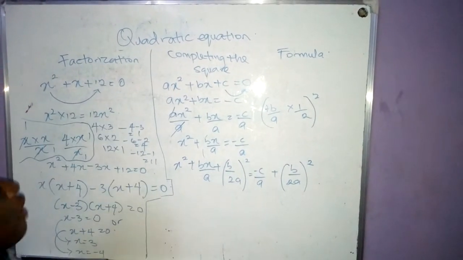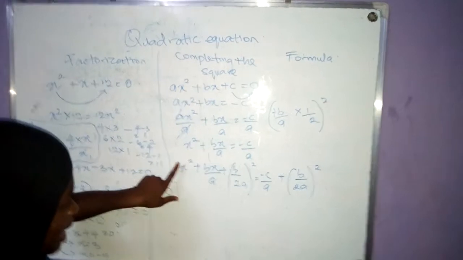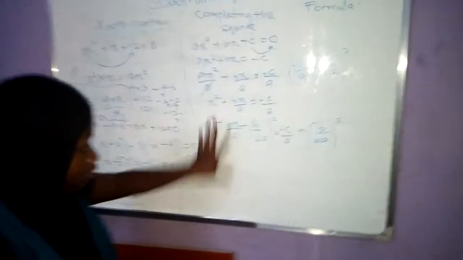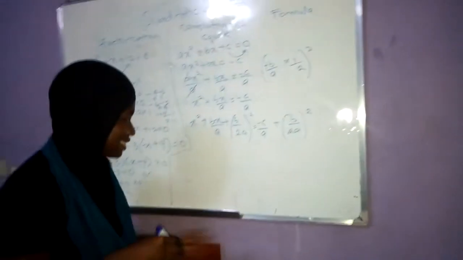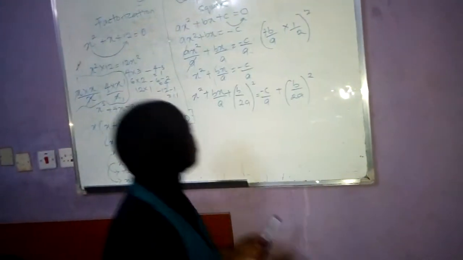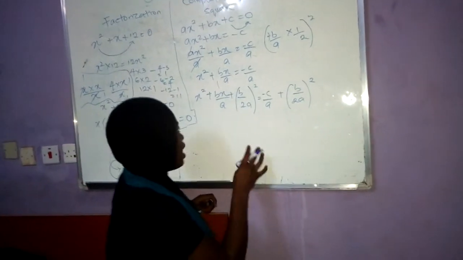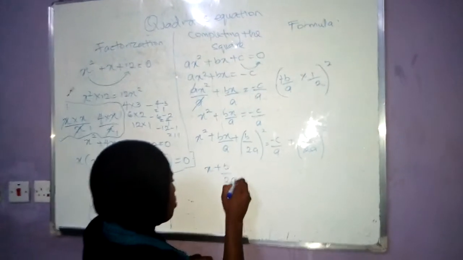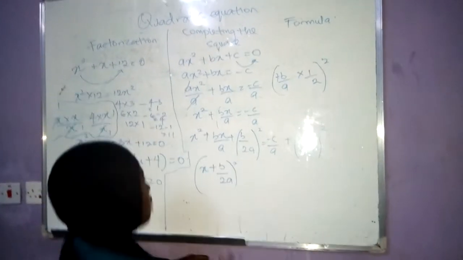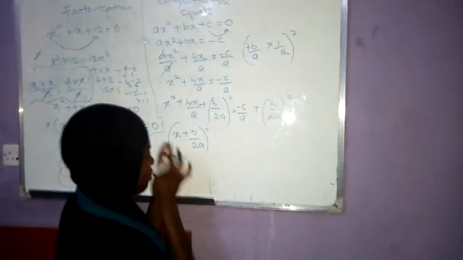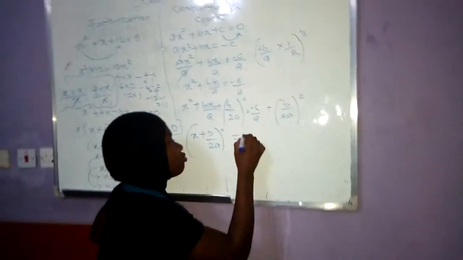So we'll bring out the one that has the power of 2 on the first side, not the constant side, which I'll call the other side. So what we do now is x plus b over 2a, squared, equals minus c over a.